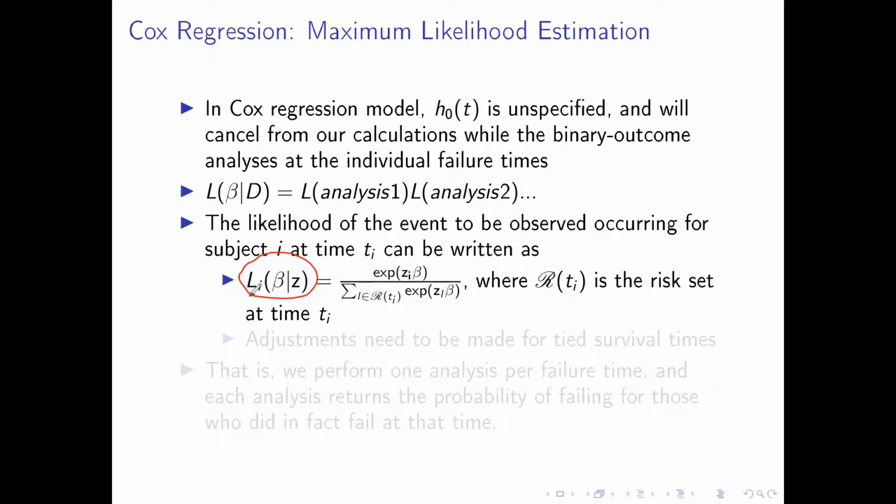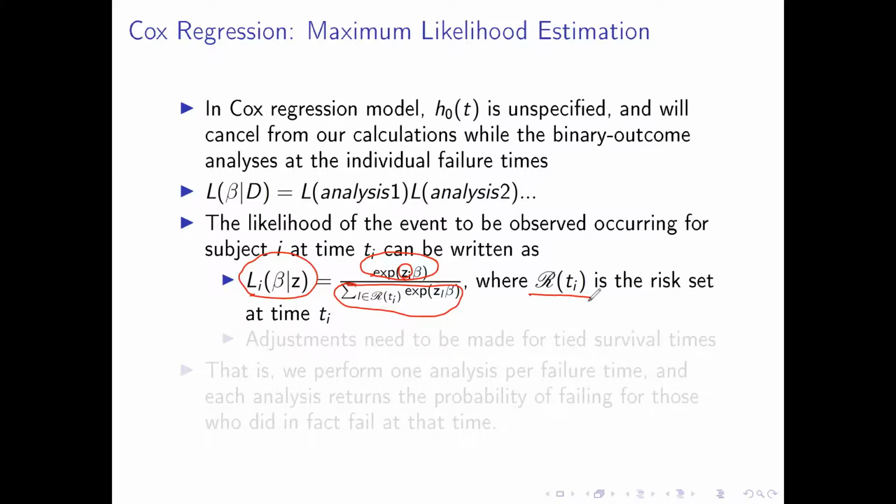We construct the exponential function of this subject's covariates z and its associated parameter coefficients beta in the numerator. What's in the denominator is the sum of the exponential functions of all the subjects in the risk set.